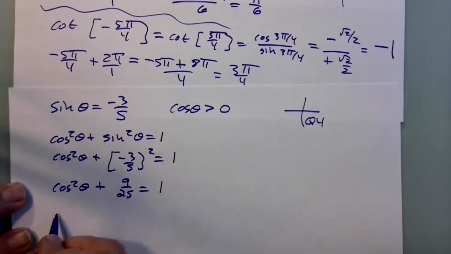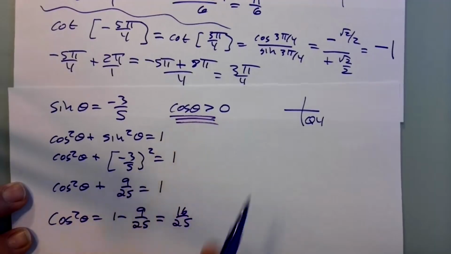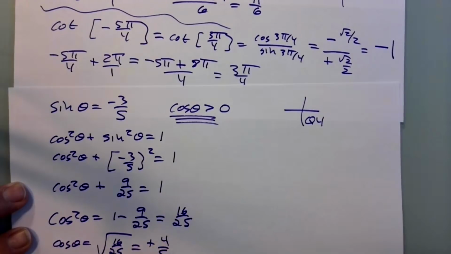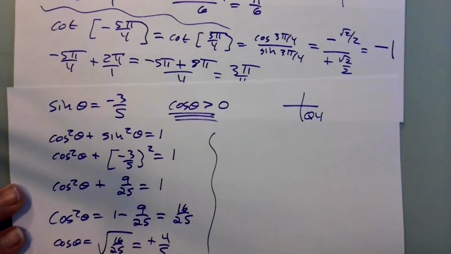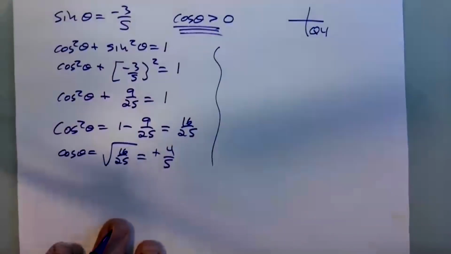So cos squared theta is 1 minus 9 25ths, 25 minus 9, which is 16 25ths. Now again, I told you cosine theta is positive, so I don't need to worry about plus or minus. So cos theta is the square root of 16 25ths, which is again positive 4/5. So we get that one, which is nice.